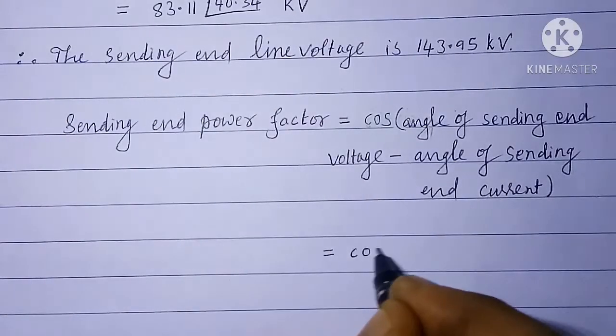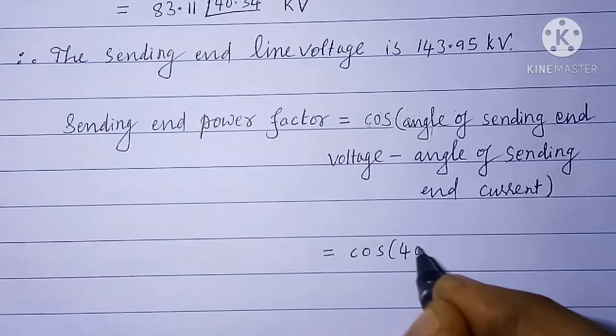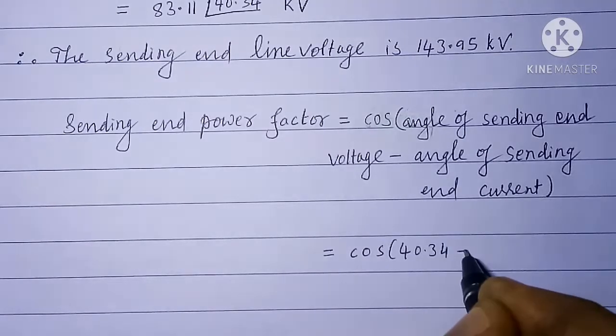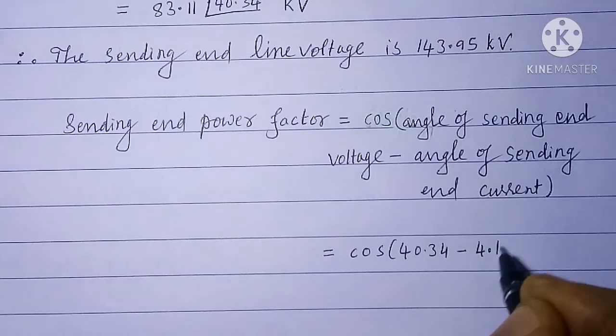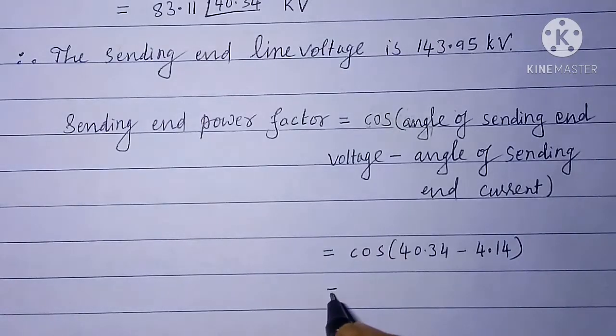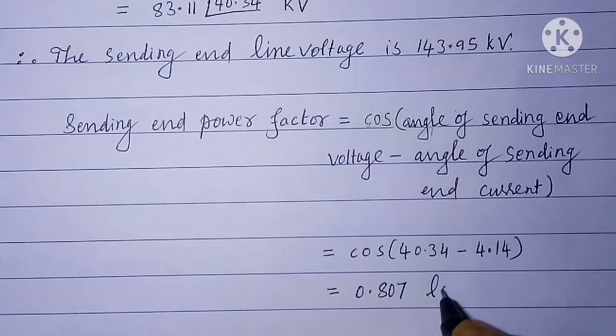That is equal to cos of 40.34 minus 4.14, which becomes equal to 0.807 lagging.